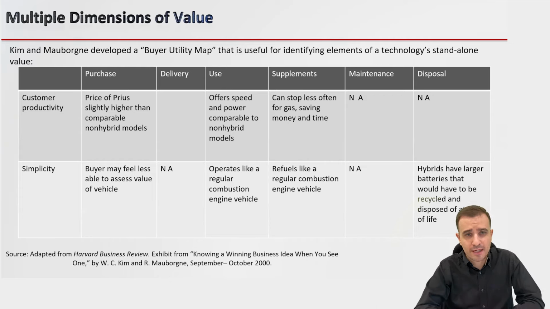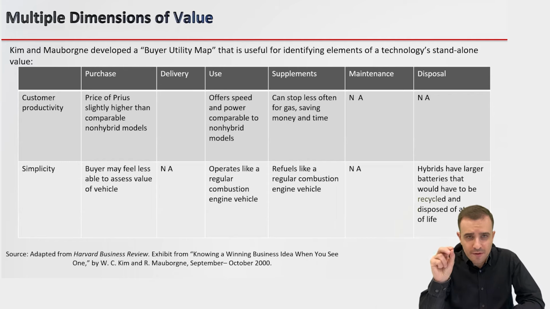The fifth one is maintenance, so this is the concept of the lifetime of a product, all the service and maintenance that we need to perform on the product. Not all products will require maintenance. Some, for example automotive, do require extensive maintenance. And the final one is the disposal or the recycling of the product.